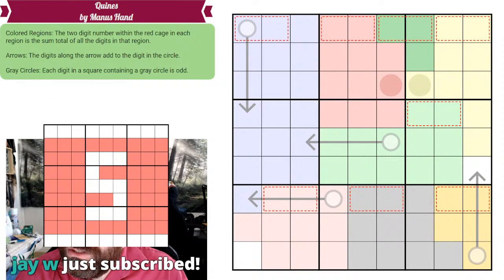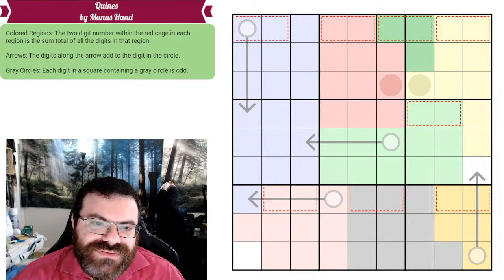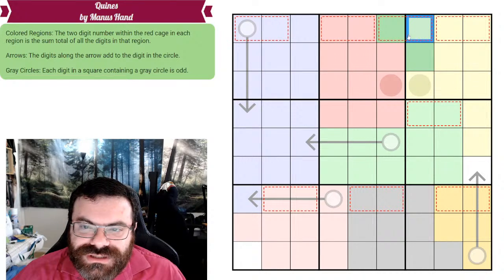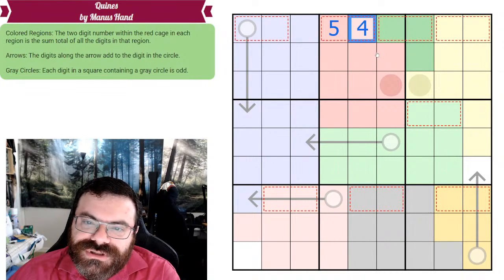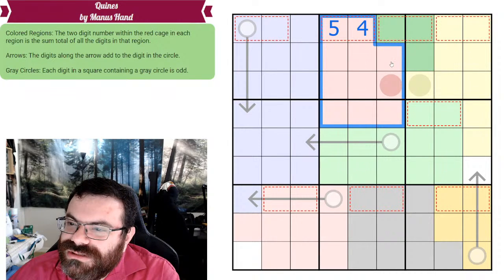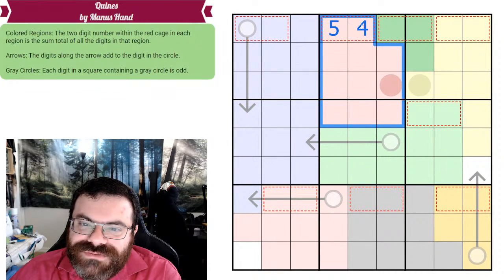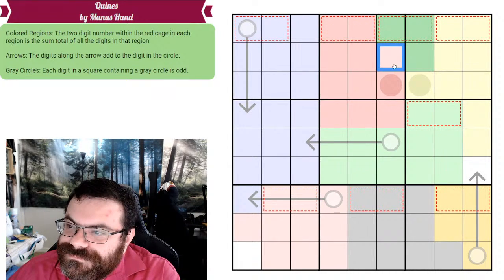Colored regions. The 2-digit number within the red cage in each region is the sum total of all the digits in that region. So we have these red cages around the grid, and whatever 2-digit number we end up filling, like say 54, that would mean that all the digits in the region, including that 5 and 4, sum to 54. Arrows.